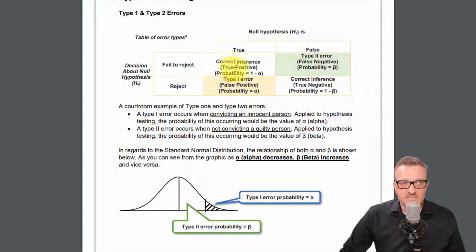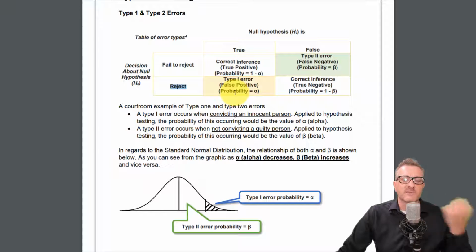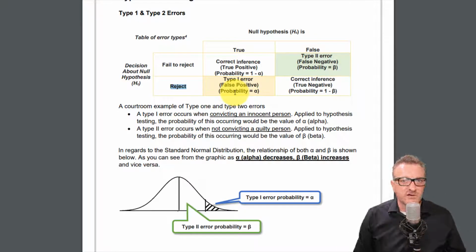Now, if we go down below, let's say we rejected the null hypothesis, yet the null hypothesis is true. We threw out something. Think about your refrigerator: you throw something out because you wonder if it's bad, and then you find out it wasn't bad. That was a type 1 error, a false positive.